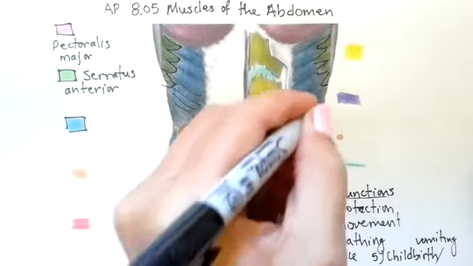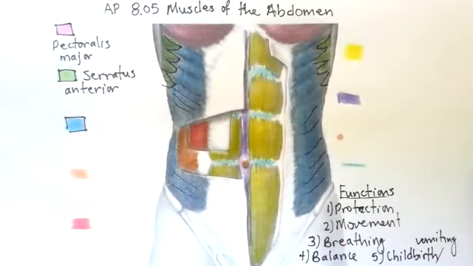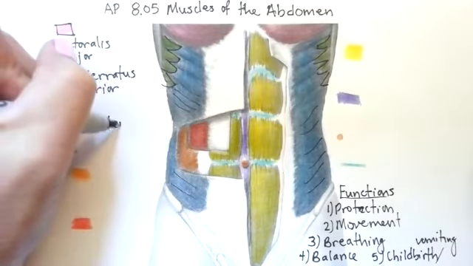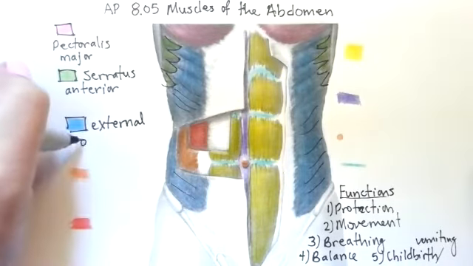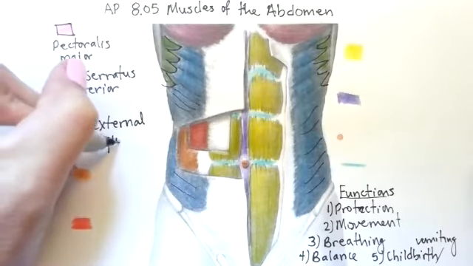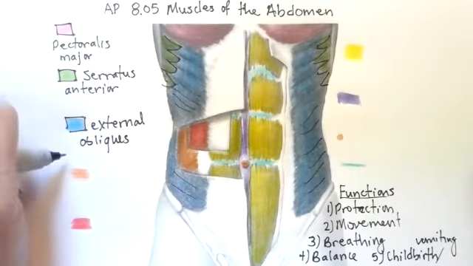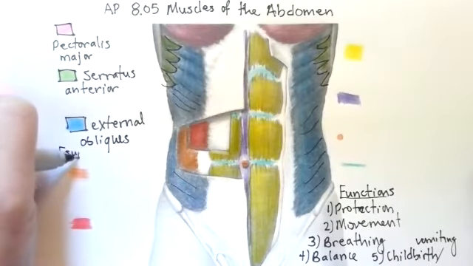So directionality is kind of a big thing. If you talk about something on an angle, the Latin term for that is oblique. And so these are the external obliques. And these are the superficial.